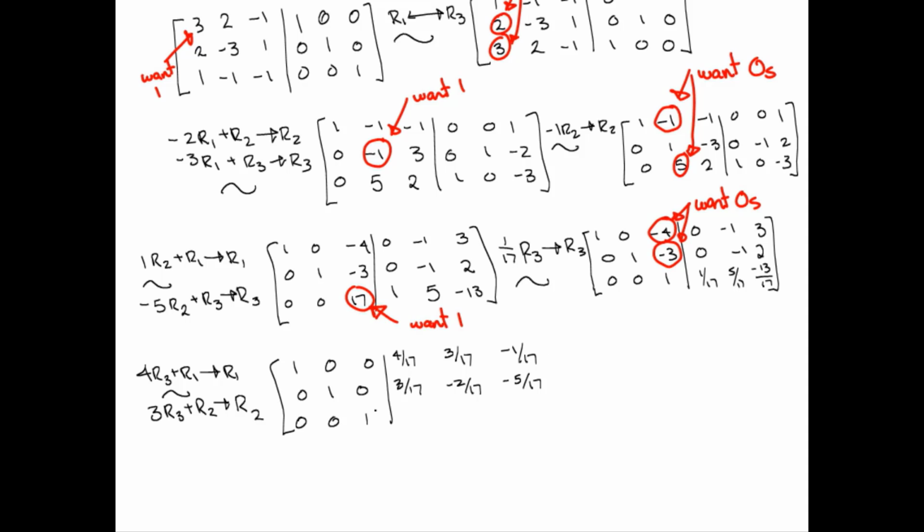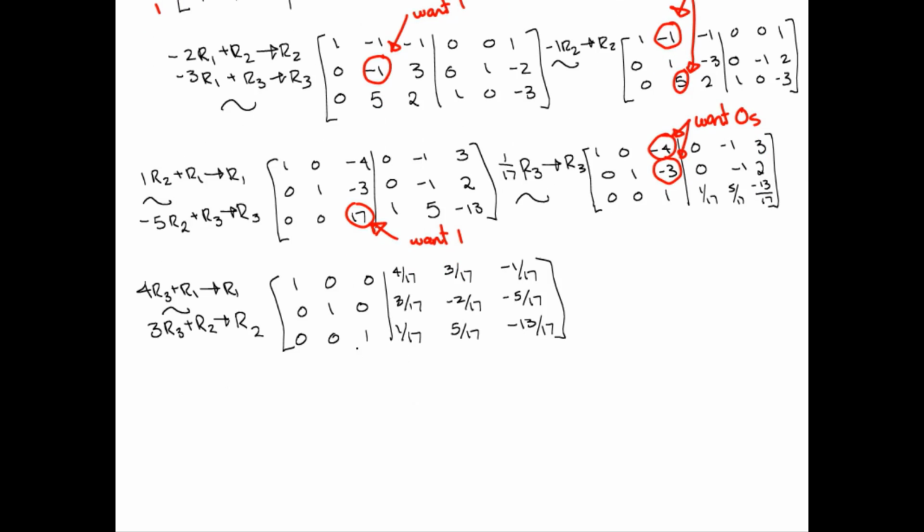Third row, 0, 0, 1, 1/17, 5/17, -13/17. So we finally have our inverse matrix. So my inverse then is the right-hand side of what we just found.